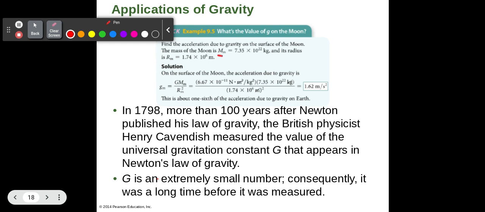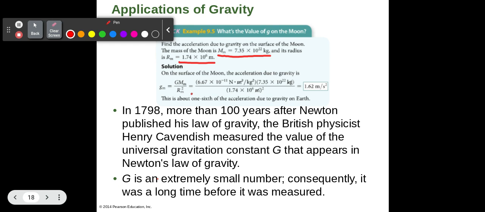If we know the moon's mass and we know the moon's radius, all we need to do is plug into this formula and we'll get the acceleration due to gravity on the surface of the moon. It's 1.62 meters per second squared. That should make sense since we know that gravity on the moon is about 1/6 that on Earth. If the Earth is 9.8, then it makes sense that the moon would be about 1.6.